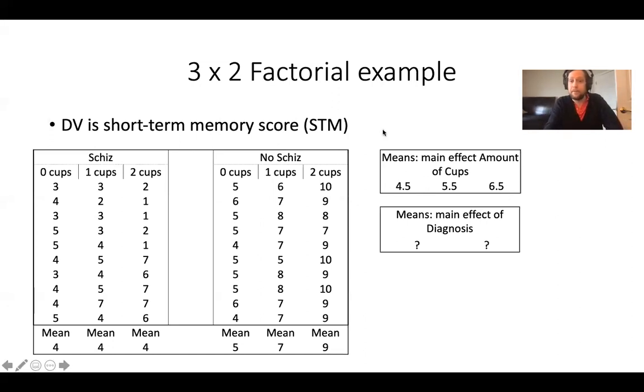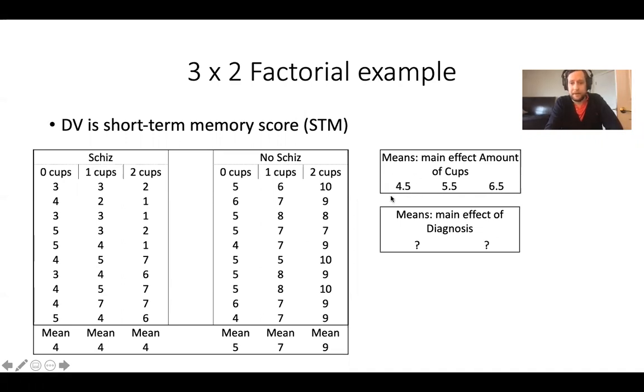So when we're talking about the main effect of amount of cups of coffee, we don't care at all whether people have schizophrenia or not. And that's how these numbers, 4.5, 5.5, 6.5, are derived. This number, 4.5, is the average score of people that drank 0 cups of coffee, combining across all of the scores of people that have schizophrenia and people that didn't.